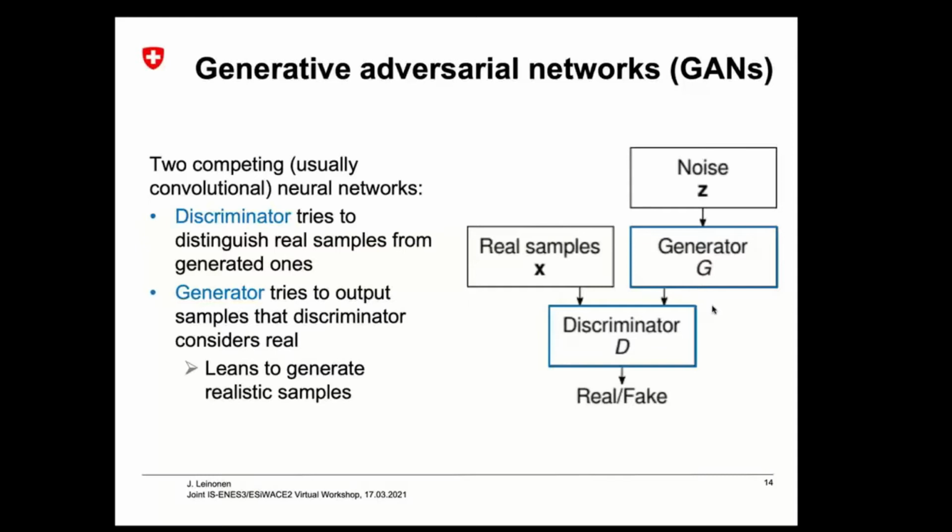And this way, the generator learns to generate realistic looking samples. So if we consider that neural networks are quite powerful image recognition machines, then if we are able to fool the neural network with the generator network, then we would expect that the generator outputs are also quite realistic.